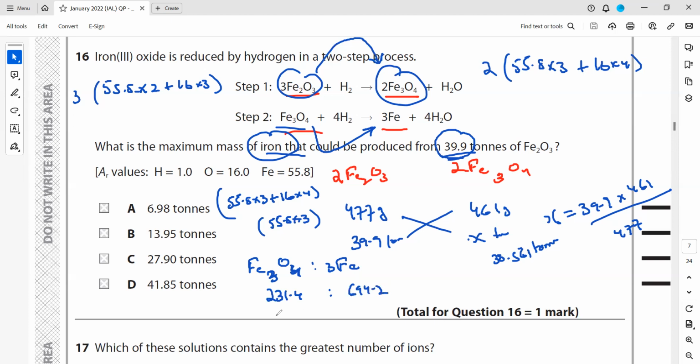In the question now, when we calculate it, if we have 38.561, then this should be x. Cross multiply. So 38.561 multiplied by 694.2 and divided by 231.4. What's the final answer?